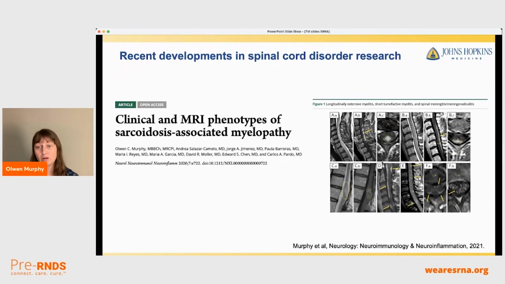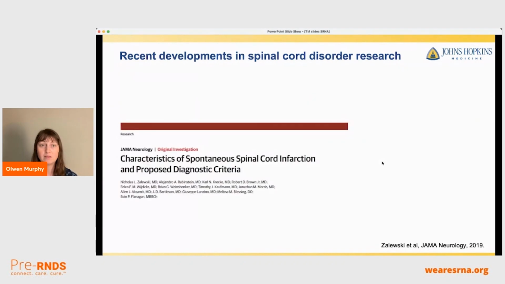And so we're thankful now that we have a little bit more information about sarcoidosis-associated spinal cord disorders in recent years, some of which we were able to summarize in this study. And we would hope that people with sarcoidosis can avail from more rapid diagnosis now, and it's a very treatable disorder with steroids and other types of immune-based therapies.